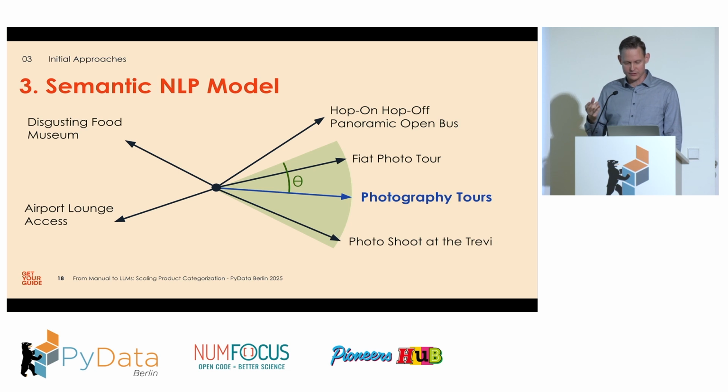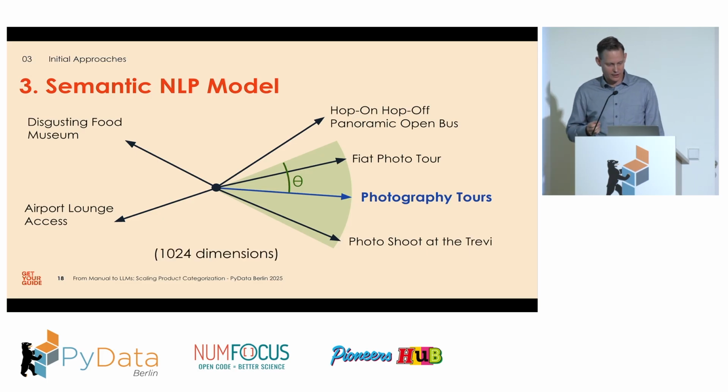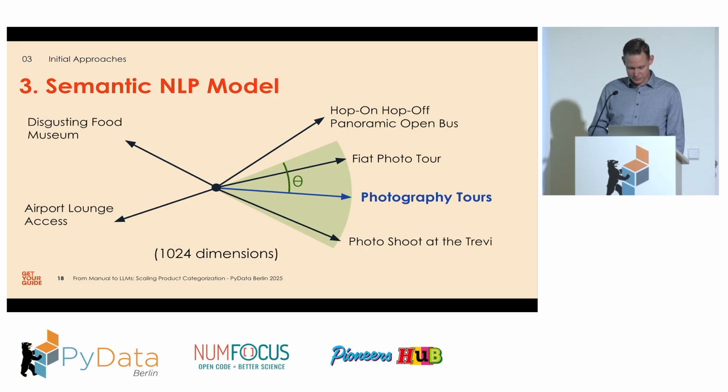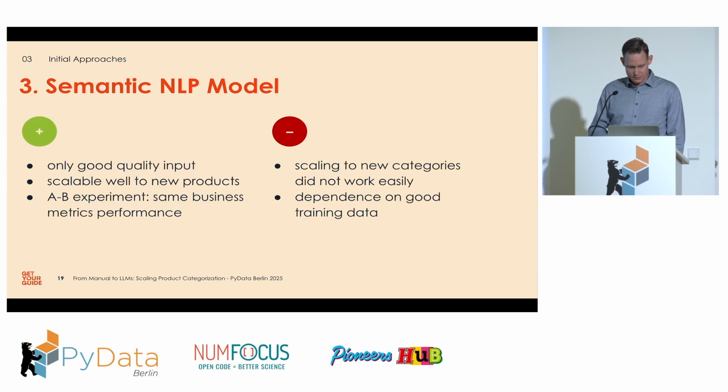So if the angle is below this threshold angle of theta, then it would be considered a photo tour, and above, then it's not considered a photo tour. We used a model from Hugging Face with roughly 1,000 dimensions. And we had to fine-tune it on our own data so that the quality got good enough.